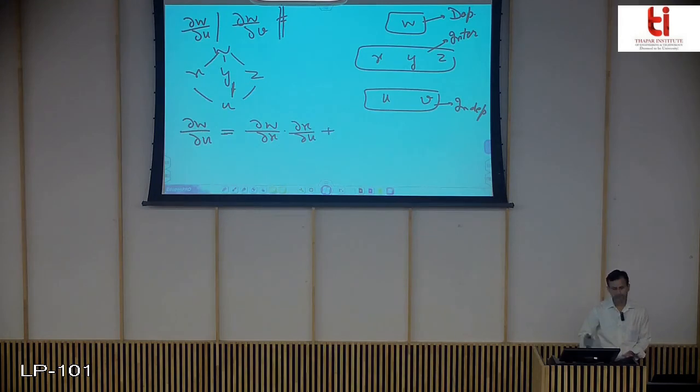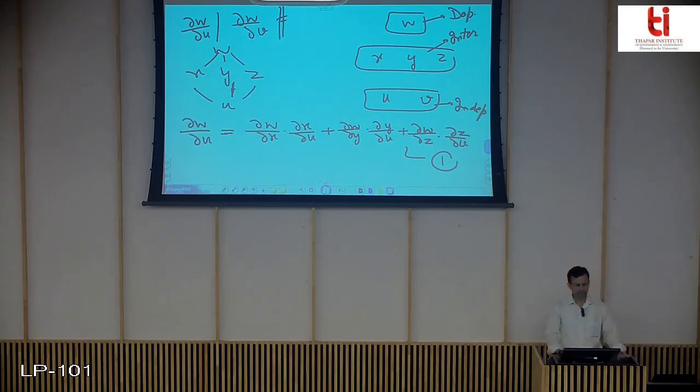Now you can see that in each term we are getting a partial derivative and no ordinary derivative, because now each variable depends upon more than one variable. So del w by del y, del y by del u, del w by del z, del z by del u. So this is your chain rule formula for del w by del u.